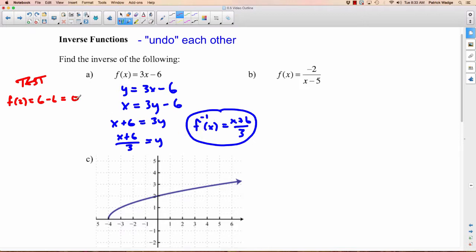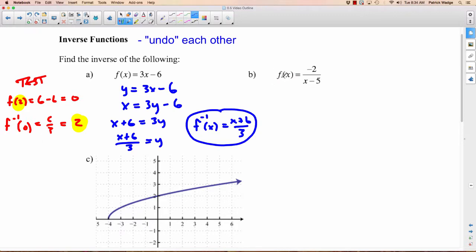You would take the output of here, plug it into this one, and you should end up back with what we started with, which was the 2. So let's try. If we take f inverse of 0, we would have 0 plus 6, which is 6, divided by 3 equals 2. And it worked. What we started with here is what we got there. So this second function undoes the work of the first function.